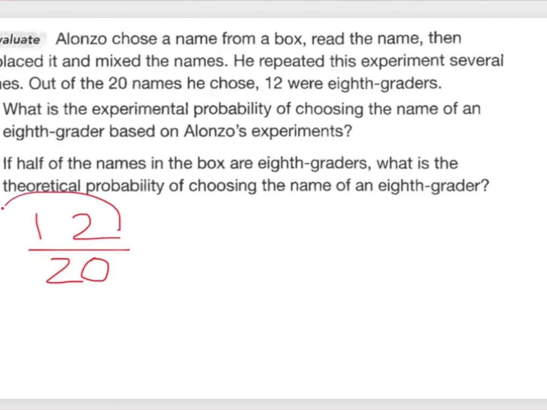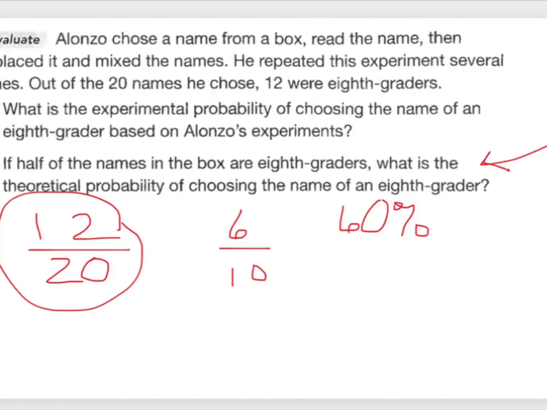So 12 over 20 is the experimental probability, which we would say is 6/10 when we simplify it, which we could say is 60%. Okay, if half of the names in the box are 8th graders, what is the theoretical probability of choosing the name of an 8th grader? So now they're actually telling us what is in the box.